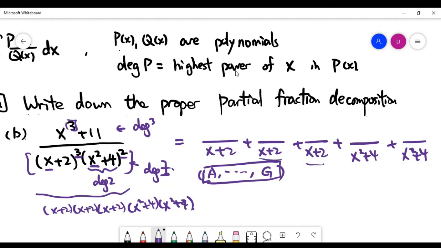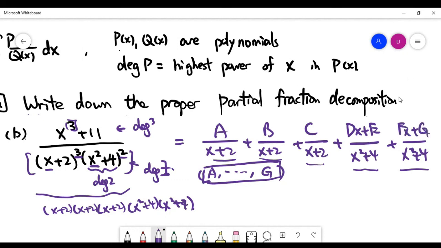For the degree 1 factor is clear. I just need A, B, C at the top because for degree 1 factor we just need the constants. For the degree 2 factors, we need a degree 1 factor in the numerator. So maybe I can use dx plus e and fx plus g for the top correspondingly.